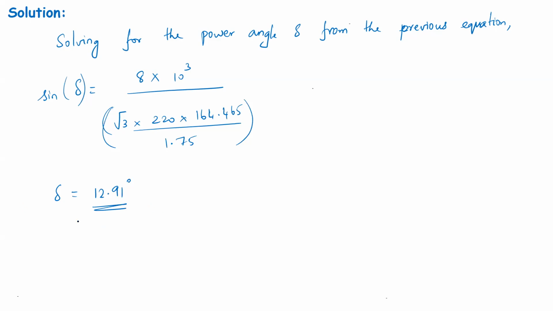Now the objective of this question is to solve for armature current and the power factor. To do that, we have to go back to our equivalent circuit. So let me just quickly move this a little bit.